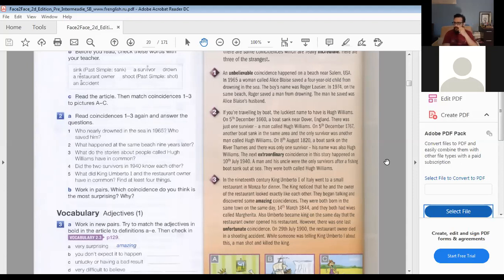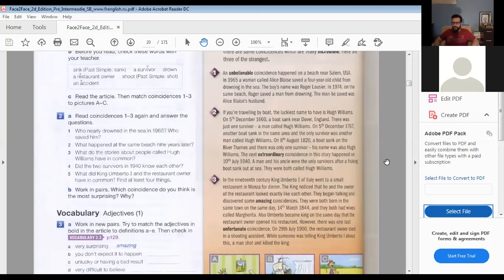Very good. All right, now number 4. Did the two survivors in 1914 know each other? No. But check it. Check if they know each other or not. The last 3 sentences, start from the next extraordinary coincidence.